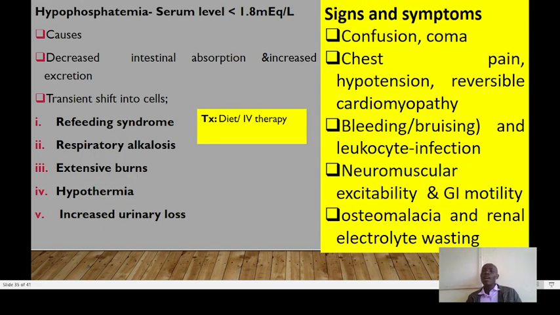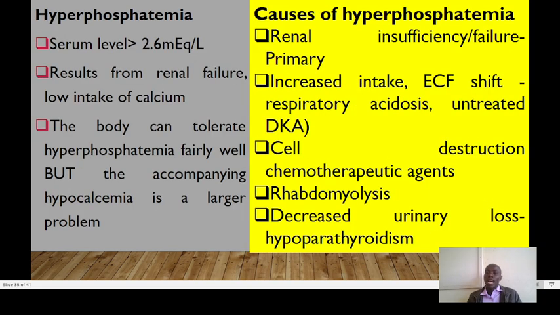So we could have hypophosphatemia, and it could be just because of the shifting of the fluids, and a patient is going to present with confusion, coma, chest pain, bleeding, excitability, or osteomalacia, and renal electrolyte wasting. So we just treat and use IV therapy.